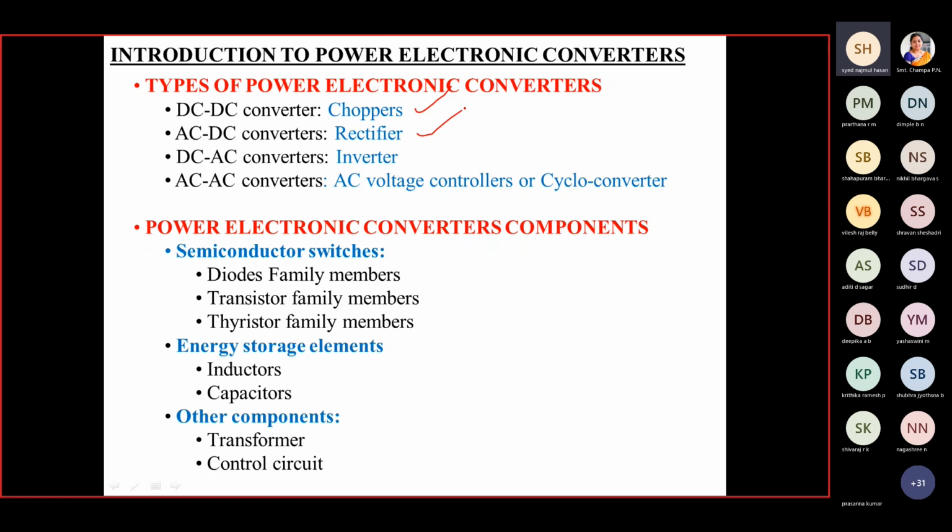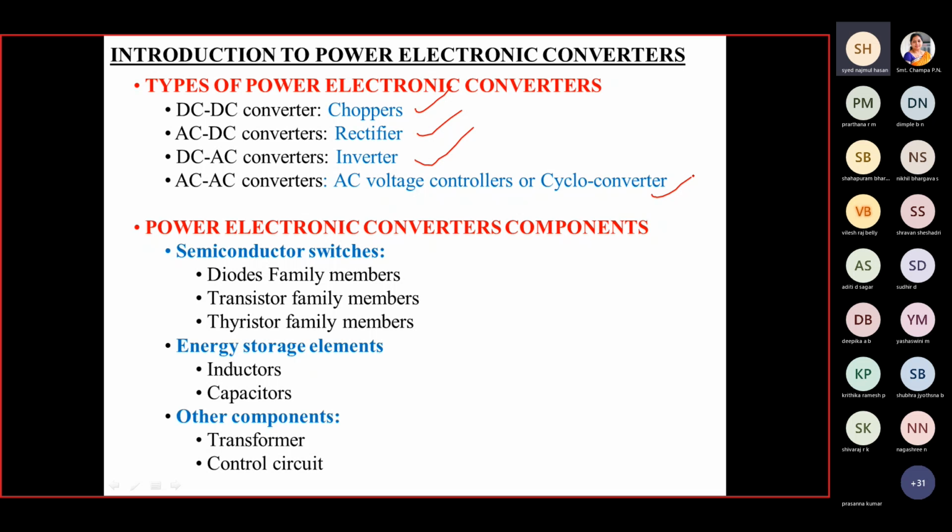This is again used in charging batteries, DC drives, so many applications. The inverter is a part of the UPS, DC to AC. The AC voltage controller, one of the demonstrations we saw in the workshop last class, where we have seen two thyristors in anti-parallel. So these are the types of converters.